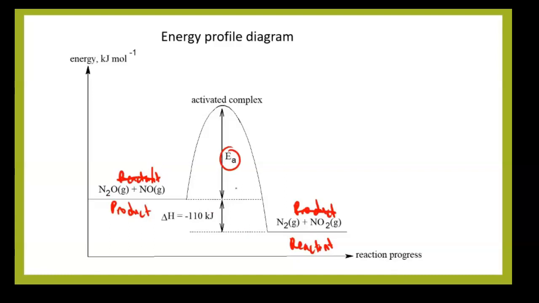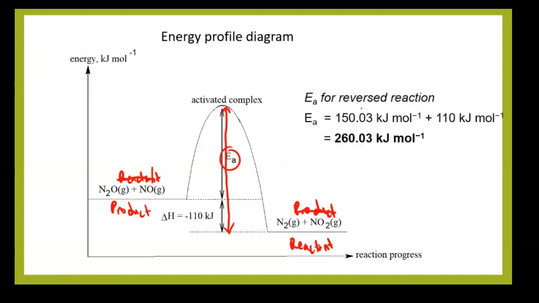So now apa maksud activation energy? Adalah value daripada reactant until the peak. So it means now the activation energy for the reverse reaction is from here until the peak. So we need to add the value EA plus delta H. Okay, 150 plus 110. The negative value, tak payahlah ambil pasal, it only represents that they are exothermic.